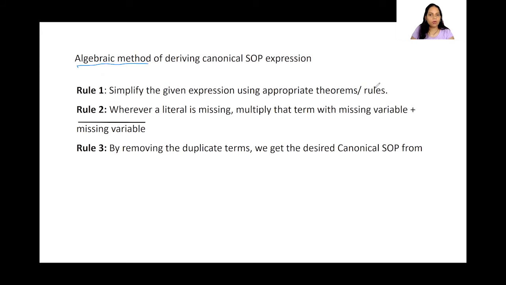So you need to remember all of them, and using those we first reduce the given expression, and then whenever a literal is missing, multiply that term with the missing variable and the not of that missing variable. We did this method when finding the min term of a given expression also, isn't it? Last thing is, by removing the duplicate terms, we get the desired canonical SOP form. So let's see an example and do it.